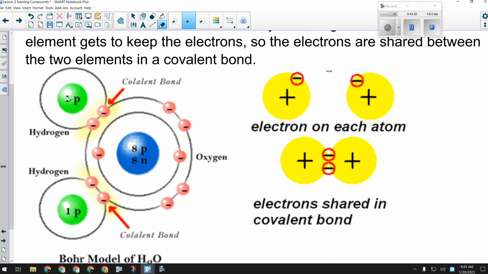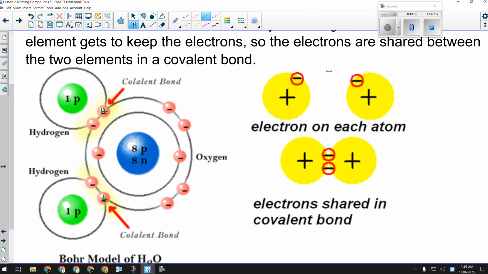Now, when we're looking at that outer ring, this is an electron that comes from hydrogen. I'm just going to put an H beside it, and so is this one. Hydrogen needs another electron to fill its outer shell. Oxygen needs 2 electrons to fill its outer shell.